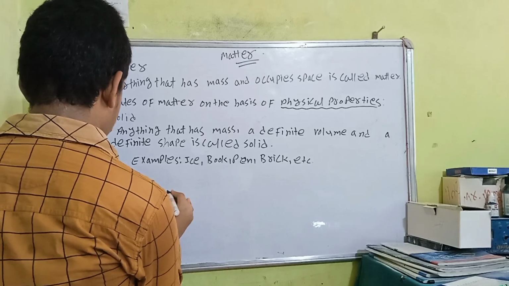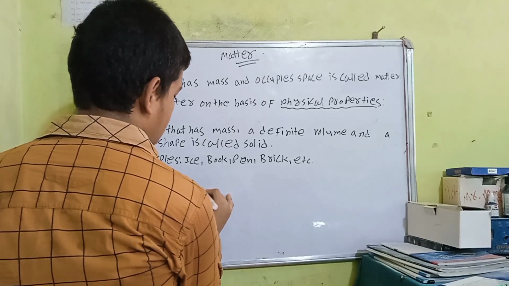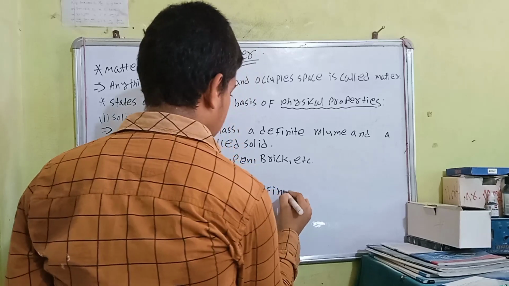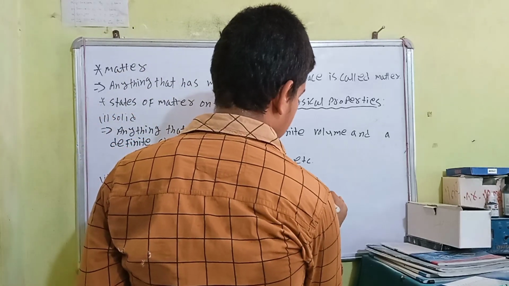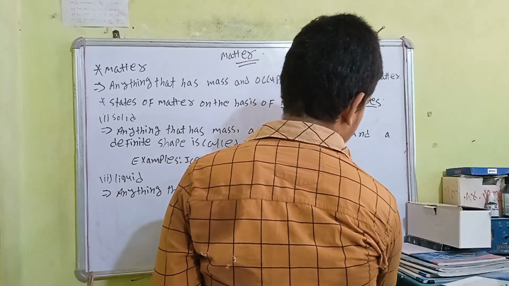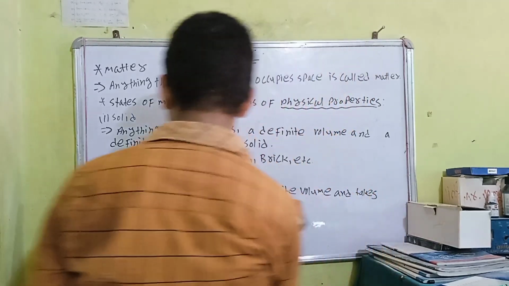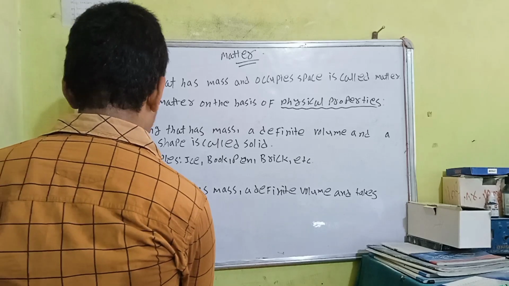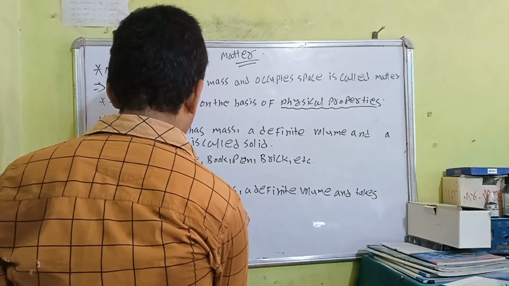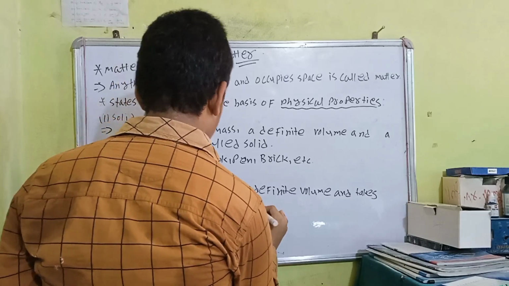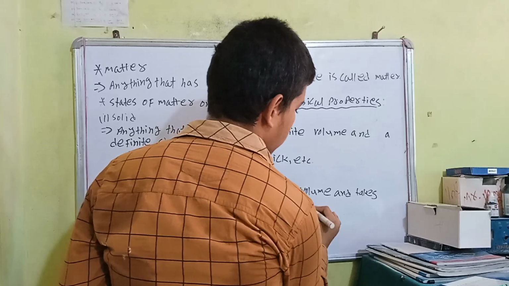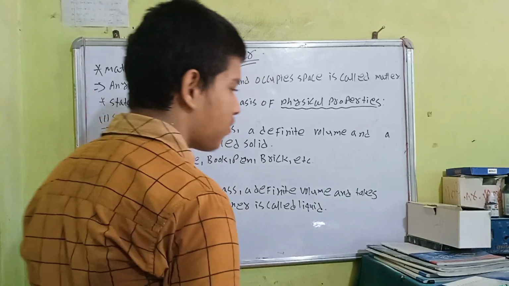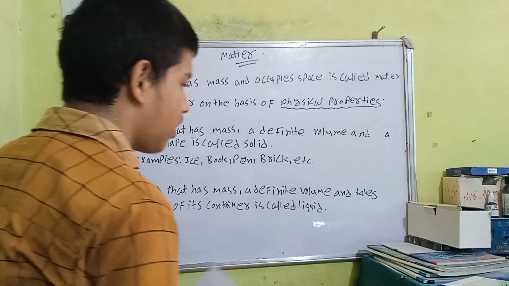Anything that has mass, a definite volume, and takes the shape of its container is called liquid.